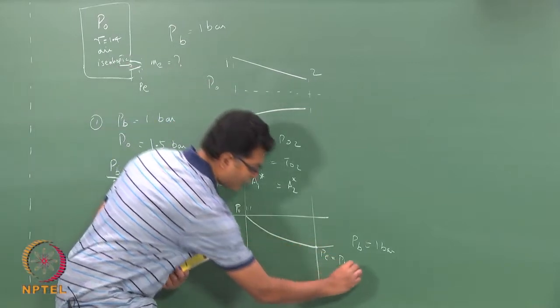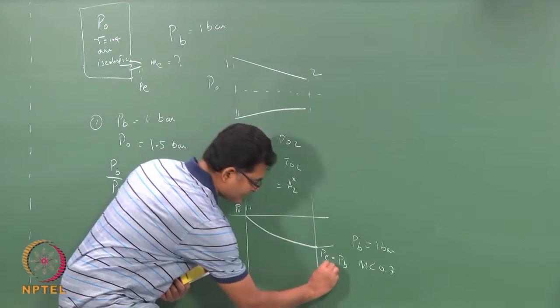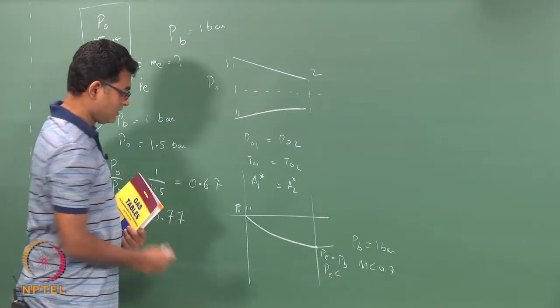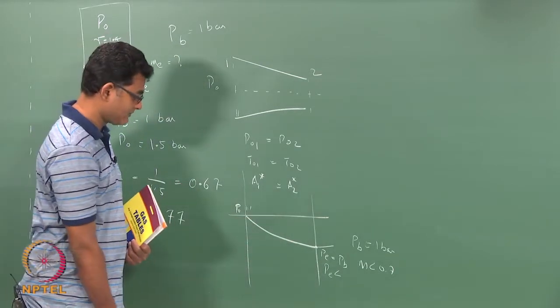This is a subsonic flow, which means P exit is greater than P star. When it reaches P star, you are going to have this value.